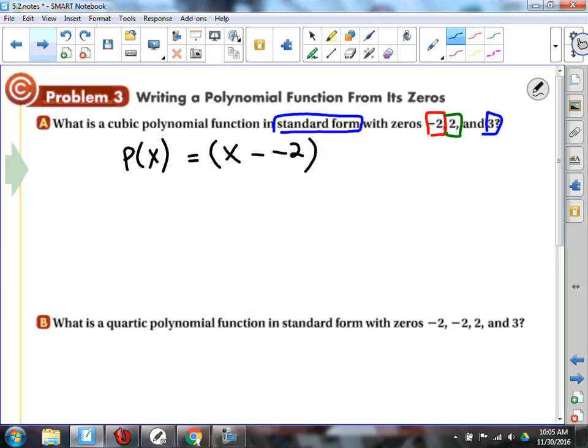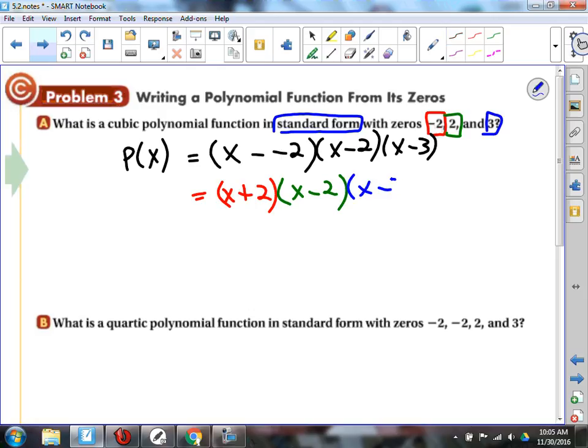Oh. So that would be x plus 2 is that factor. Yeah, that's what that means. It means that since 2 is a 0, then x minus 2 is a factor. Right. That's what that means. It also means that since 3 is a 0, that x minus 3 is a factor. Right. X minus 3 is a factor.